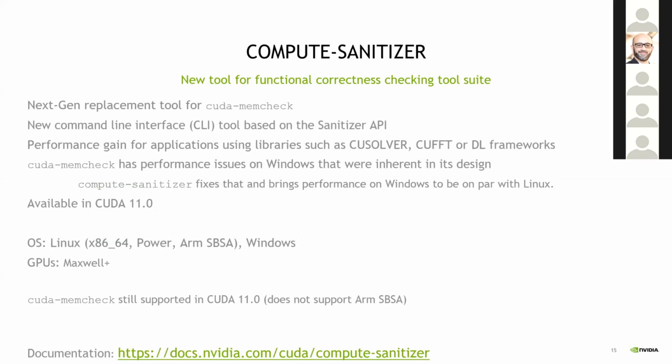Compute Sanitizer is a new tool to check correctness that we are promoting. In the long run, it will be a replacement for CUDA memcheck and provides many improved functionalities. It's still a new command line interface, and it provides an important performance gain compared to CUDA GDB and other tools.